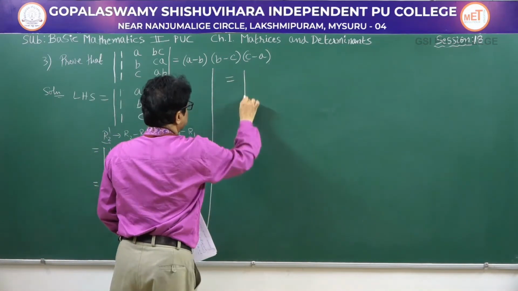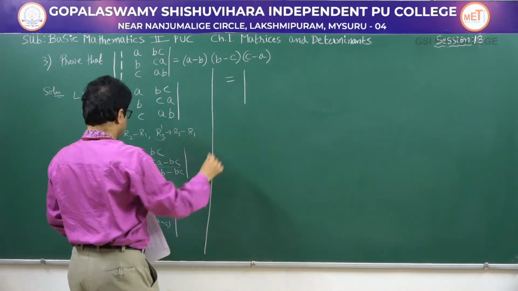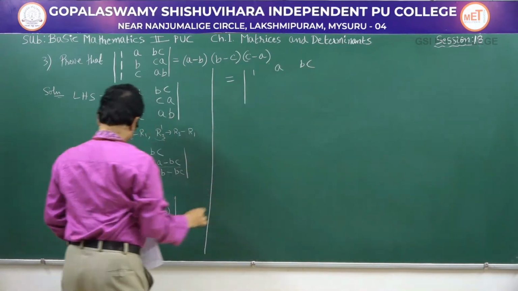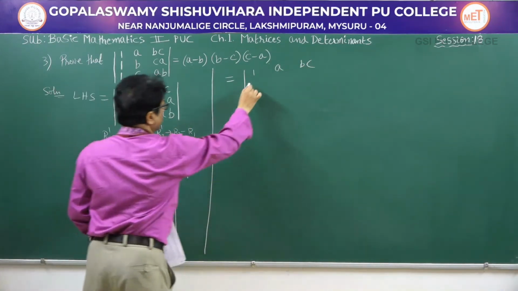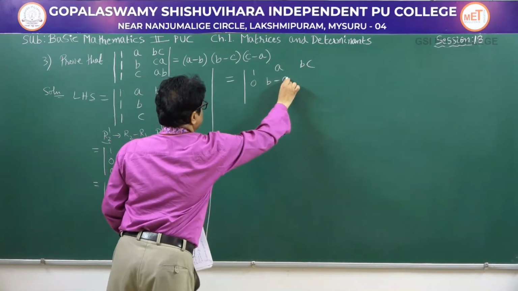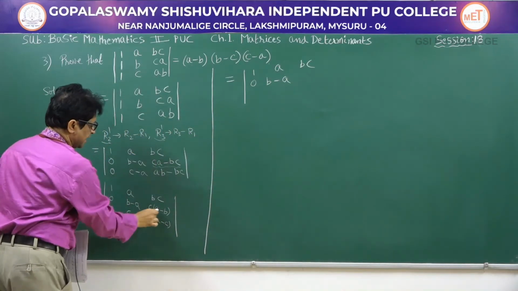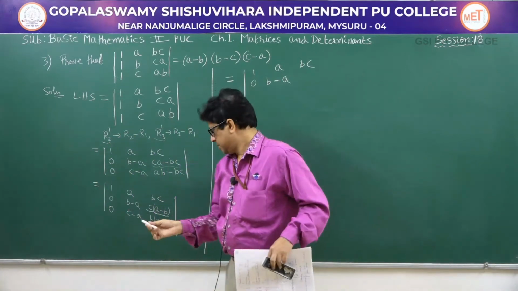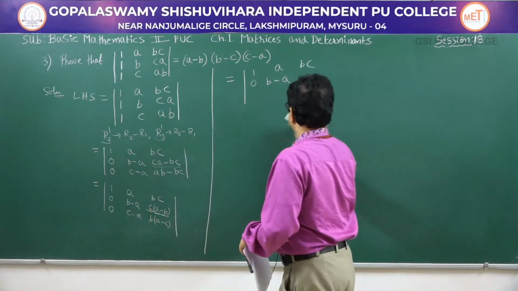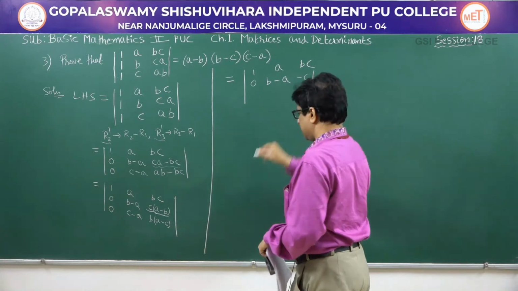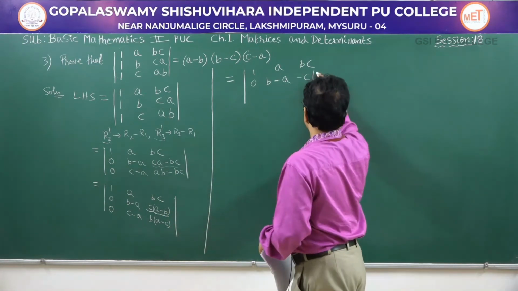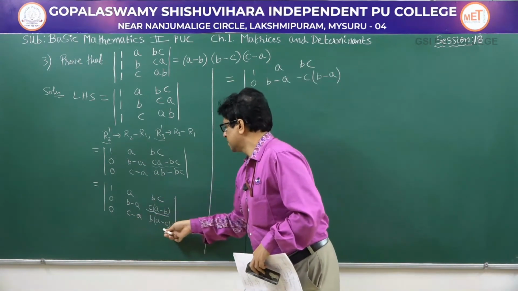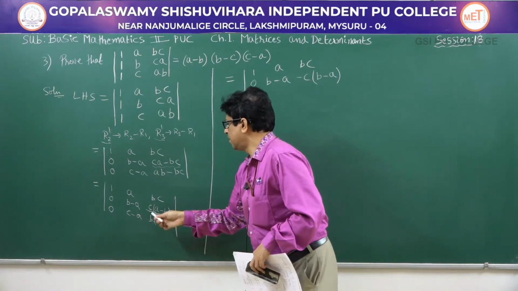That will be equal to determinant of 1 A B C, 0 B minus A. Here I take minus C common. If we take minus common, that is minus C, it becomes B minus A. Here also I take minus common.